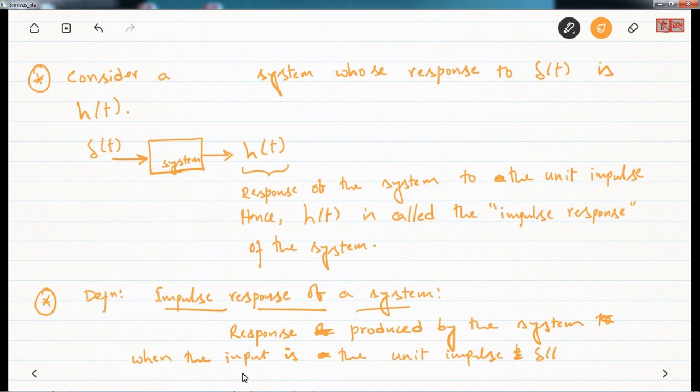The input is the unit impulse delta of t, right?